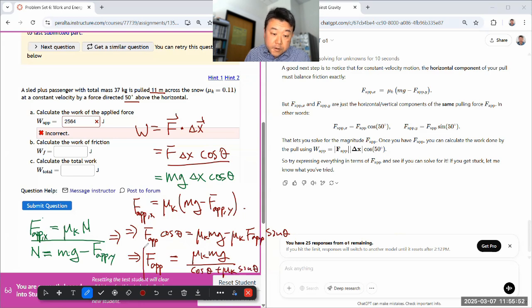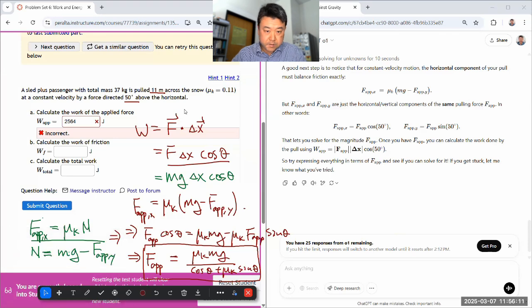So from here, I can plug in the numbers, and I'll have ChatGPT check my numerical answer. I'll get f applied first to calculate the work. Or actually, let me have ChatGPT check my applied force.